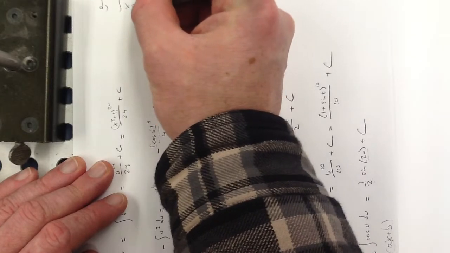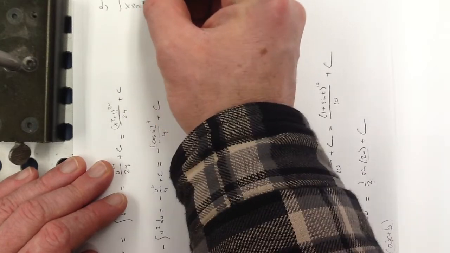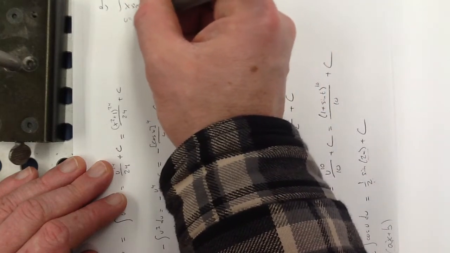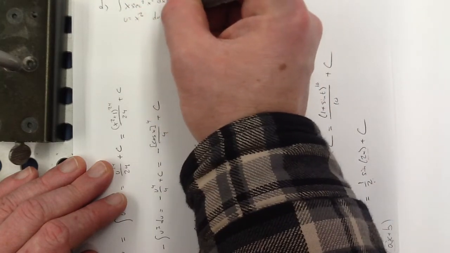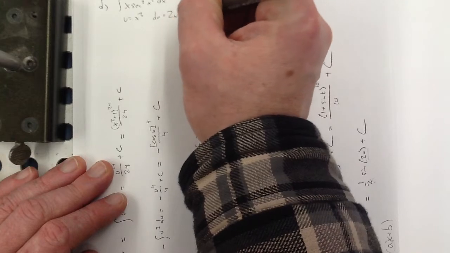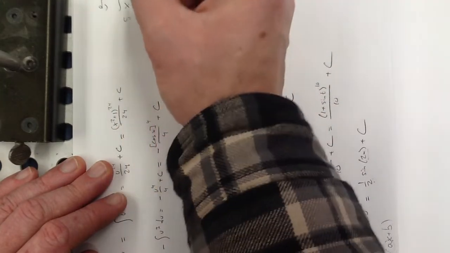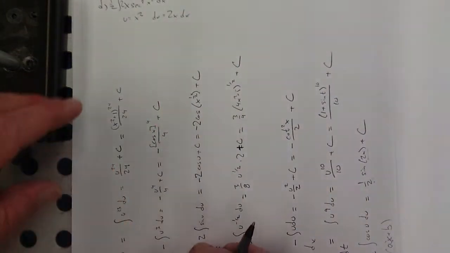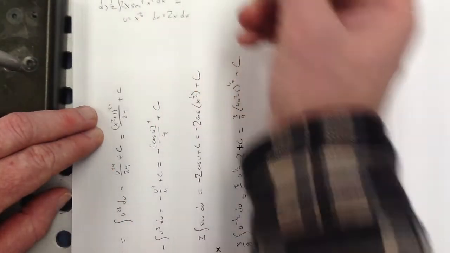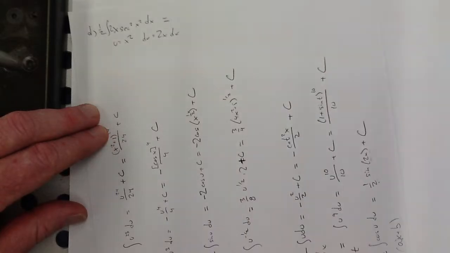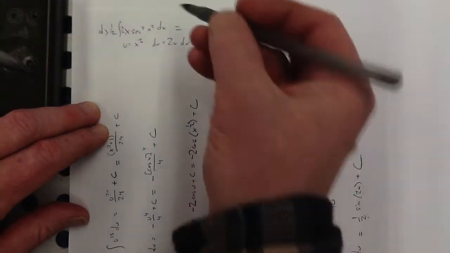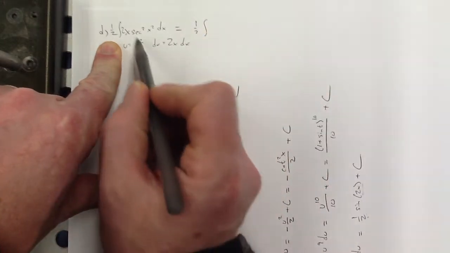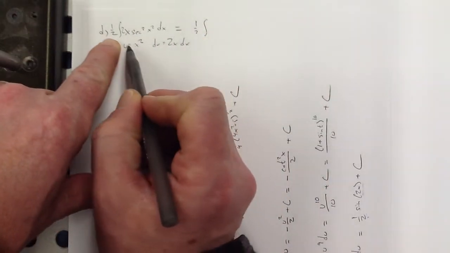All right, last one of this little set here. If u is x squared, then du is 2x dx. Got the x dx, but I need a 2 there, so I need a 1/2 on the outside to balance that. So I've got 1/2, and then the 2x dx, that's all my du.